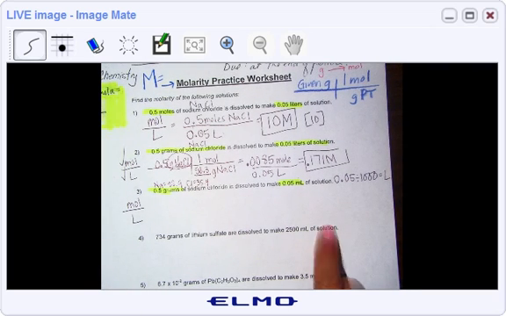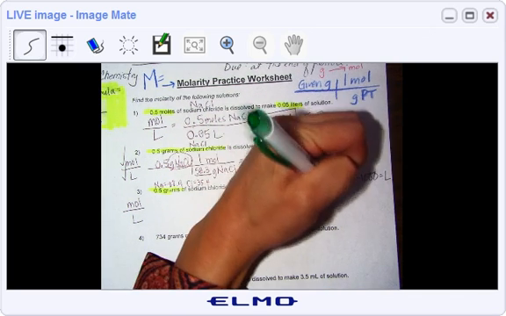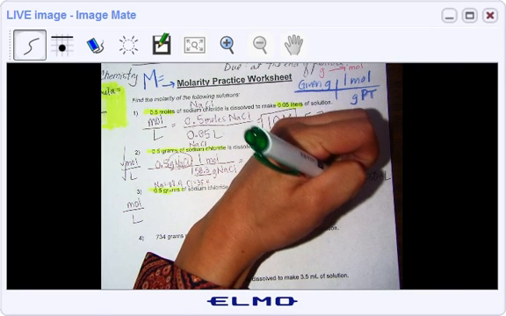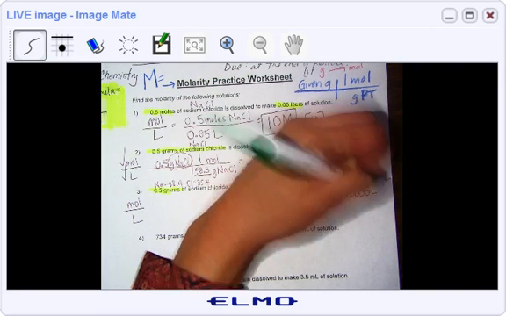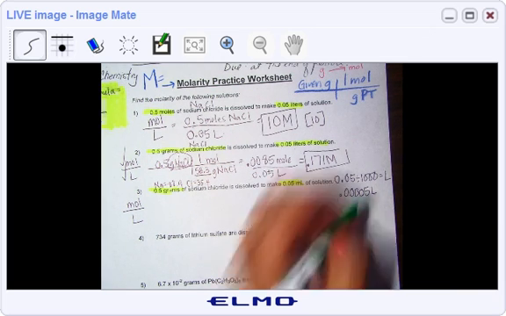I'm going to plug that into the calculator. 0.00005 liters. So that's 4 zeros, and then the 5. That many liters. So I have my liters.